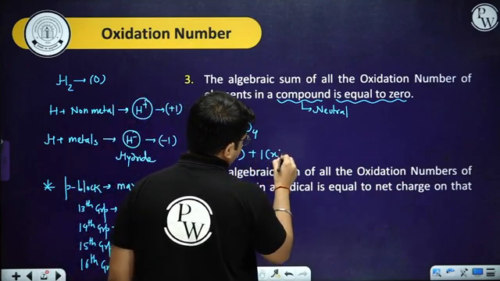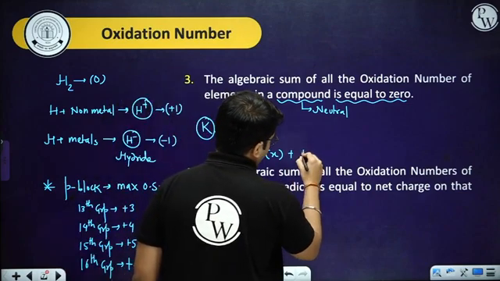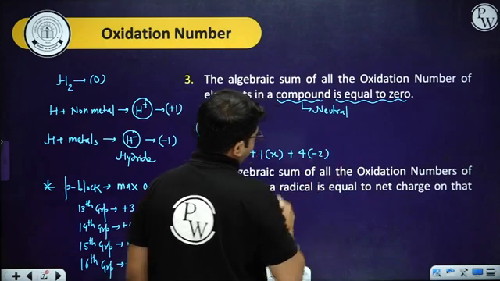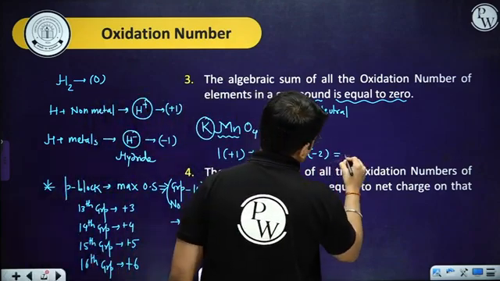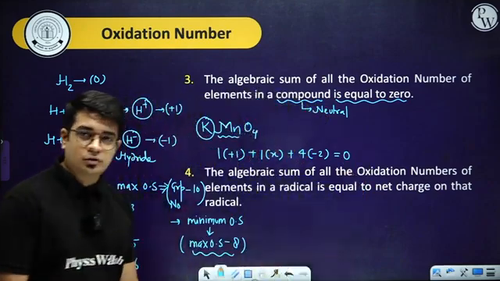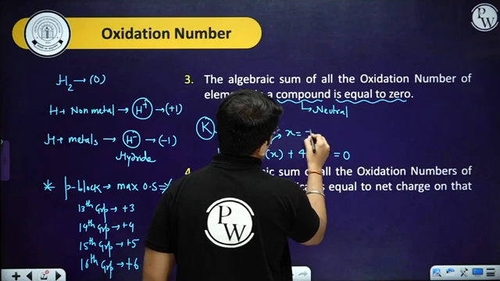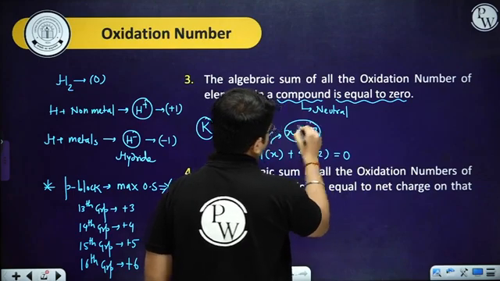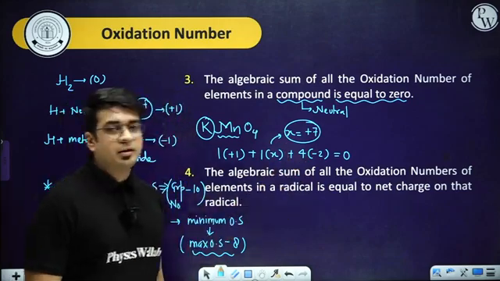Let's say its oxidation state will be X only, plus the number of oxygen atoms is 4 and its oxidation state generally is -2, and our entire compound is actually neutral, so that will be equal to 0. So from that you can say that X will be equal to +7, because that will be -8 plus 1, that is -7. On that side, that will be +7.